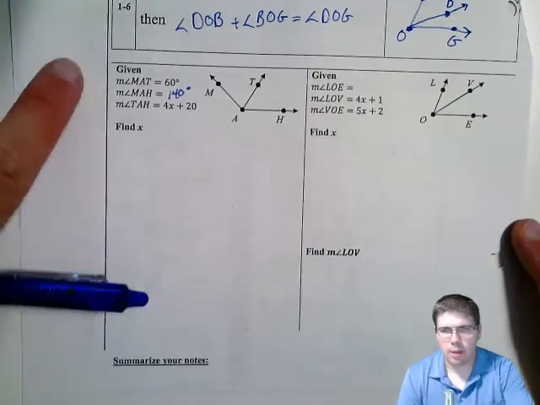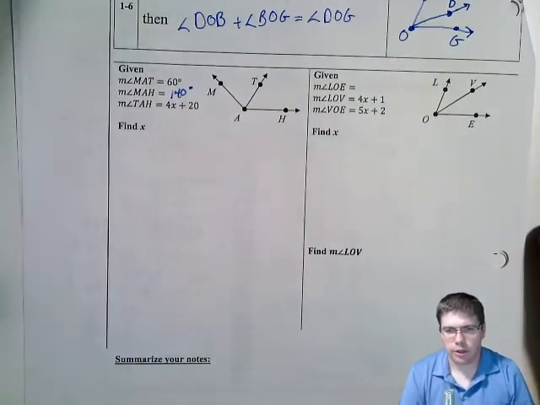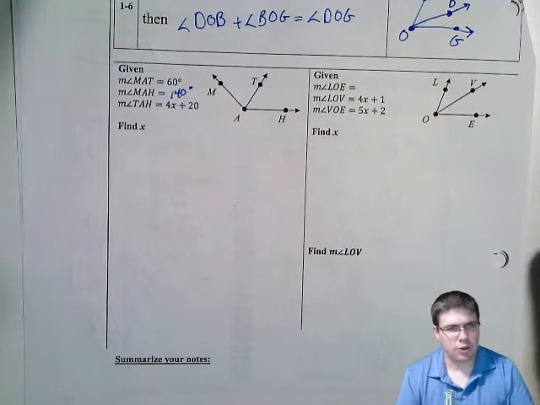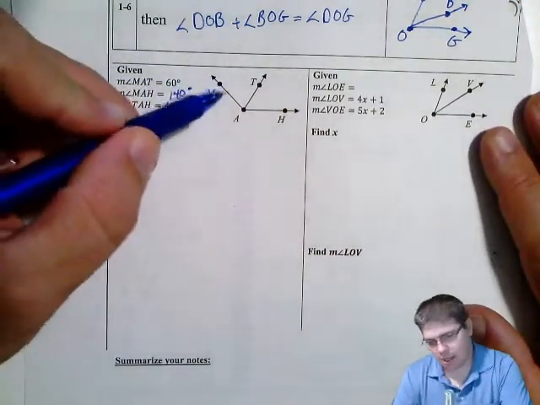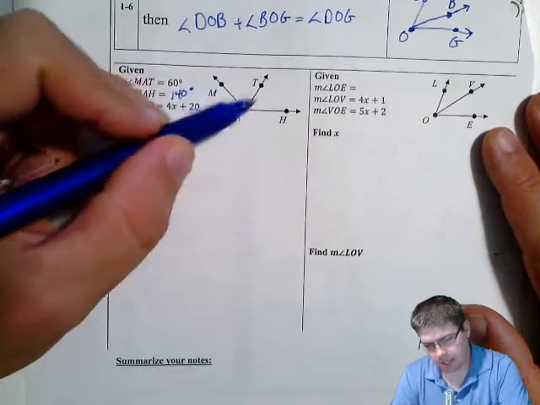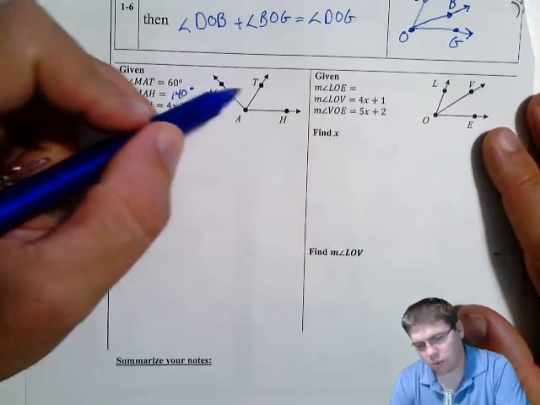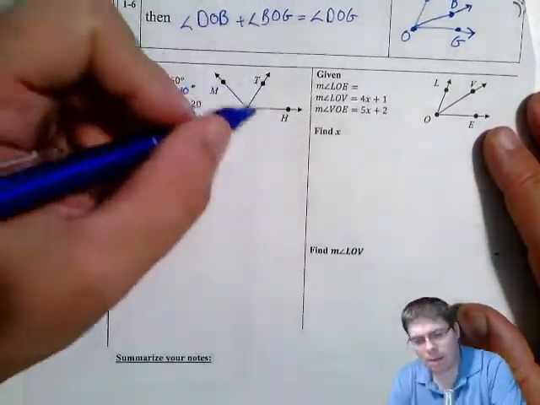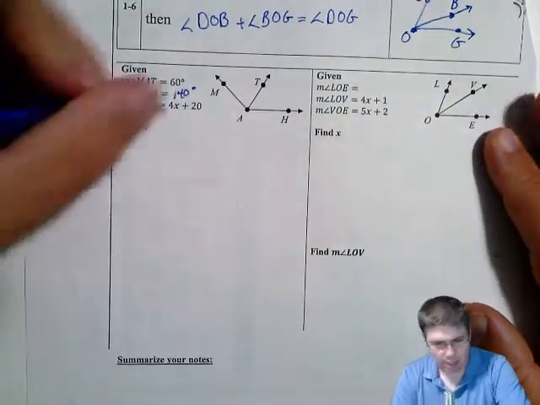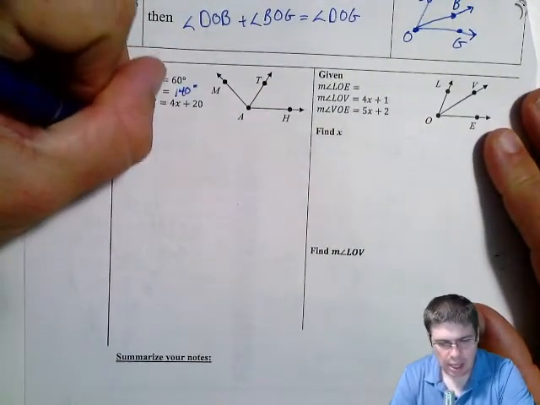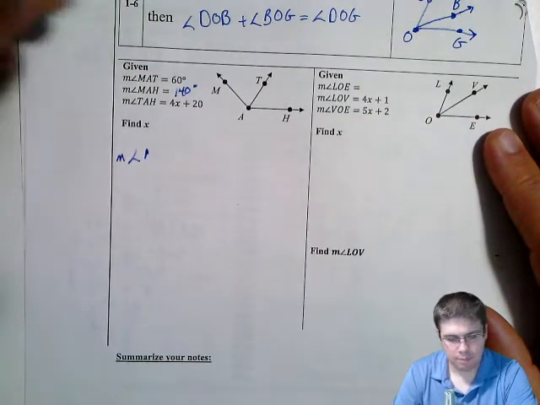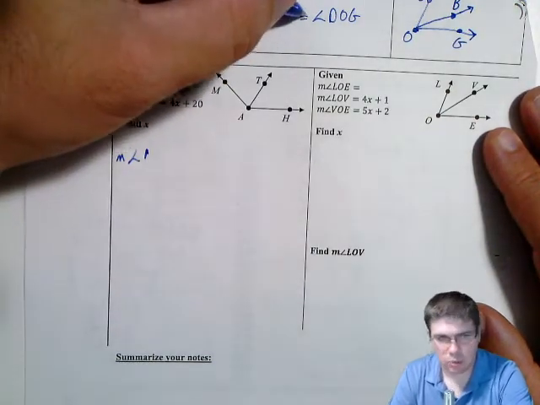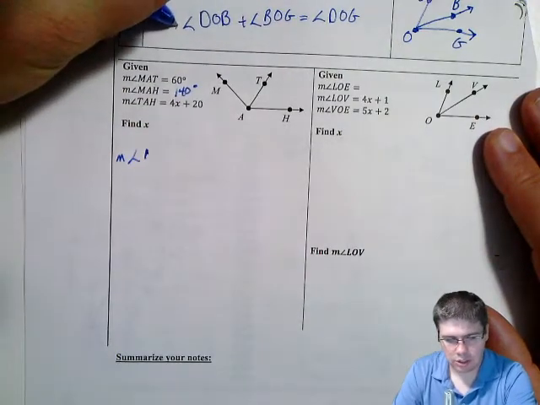All right, so this problem was missing the 140 degrees measure there, so that we can actually set this up and solve. We know by the angle addition postulate that this angle here plus this one there equals the whole one. So MAT plus TAH equals MAH. If I'm writing this with equality, these all should have been measures.